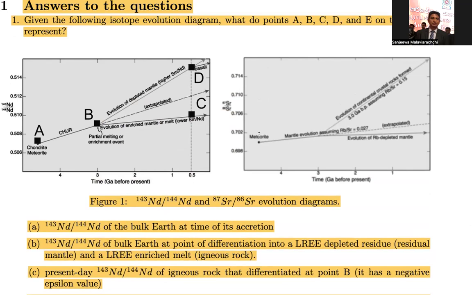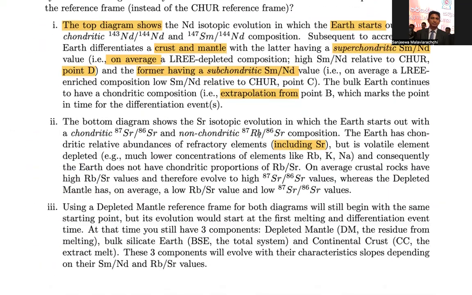Okay, but you have to consider a fact here. The Earth has chondritic relative abundances of refractory elements. Refractory elements means the elements which are not easily incorporated into a vapor or melt. That means they can't easily get evaporated, right? Strontium-like elements, they don't get evaporated easily.